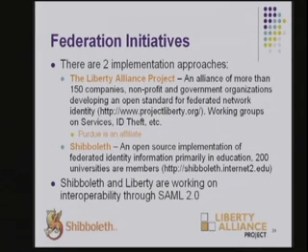So if I want to access a digital library from IU, or maybe some network resource, then I should be able to authenticate in a manner which is very easy. So basically, the point of this slide is to show that there are initiatives which actually implement such a system. And Shibboleth and Liberty and the other initiatives are working on interoperability using the Security Assertion Markup Language, that is SAML 2.0.